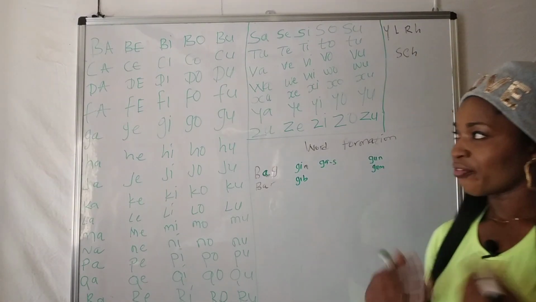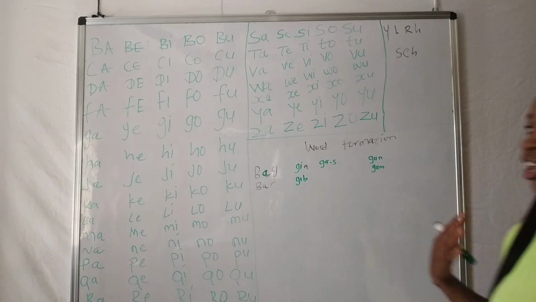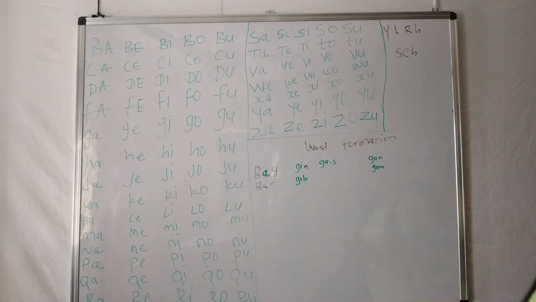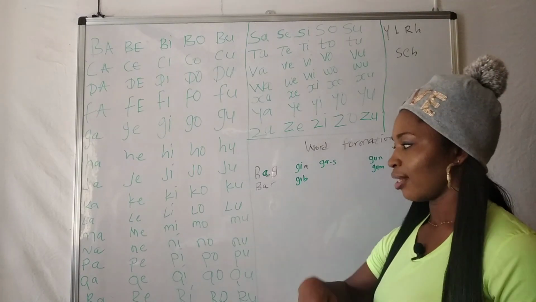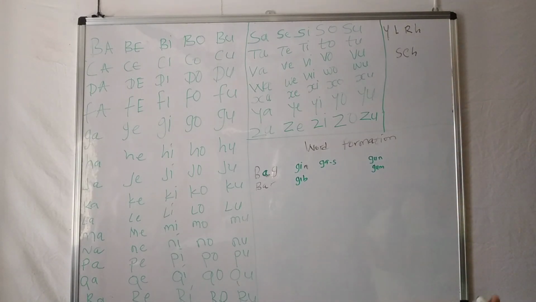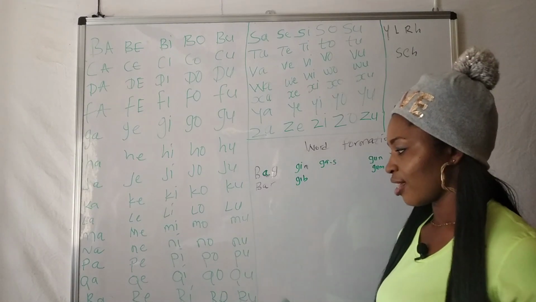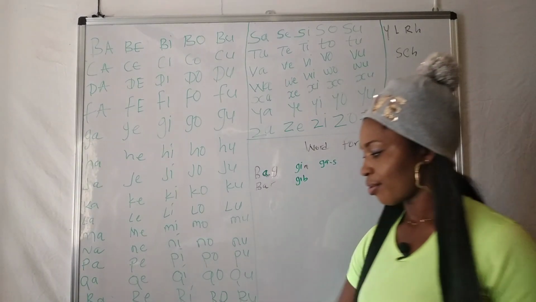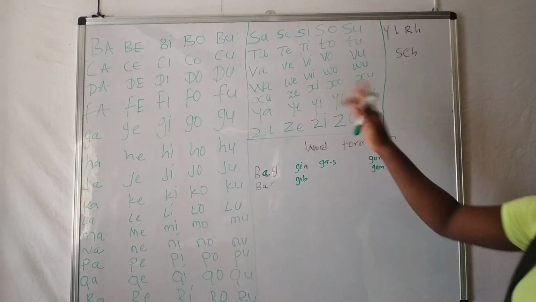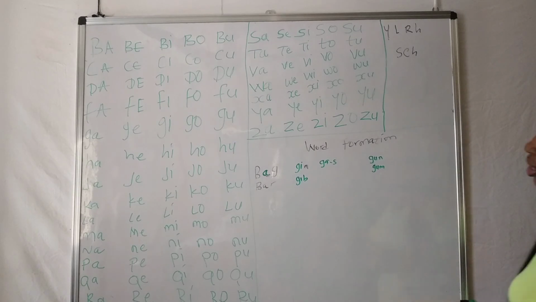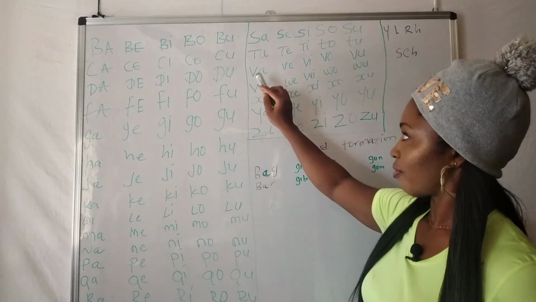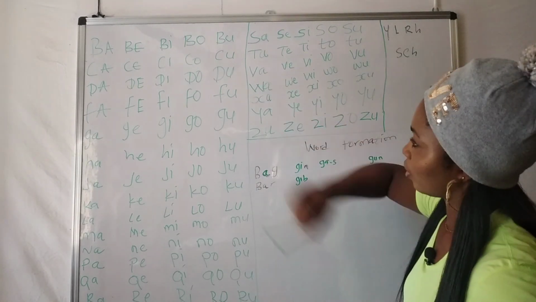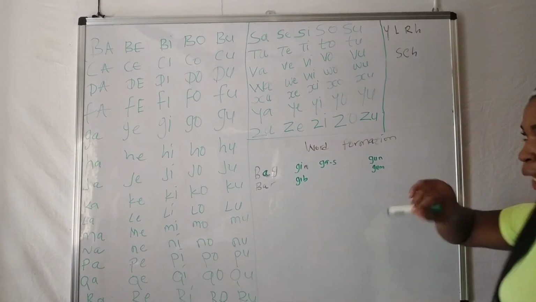Alright, the F, the G, the H, the I, the K, okay, the L, the M, the N, the P, the Q, Q sound, the R, the S, the T. This is V sound, the W, W sound.